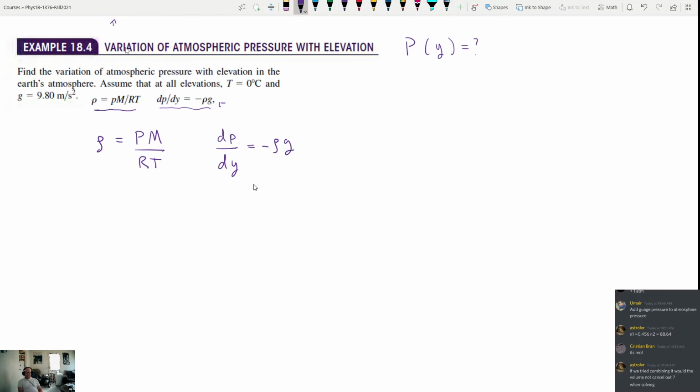Okay, so what we're going to do is take this rho and plug it into here. So we'll get dP dy is equal to pressure times molar mass over R times T, and there's a g, and then there's a negative sign.